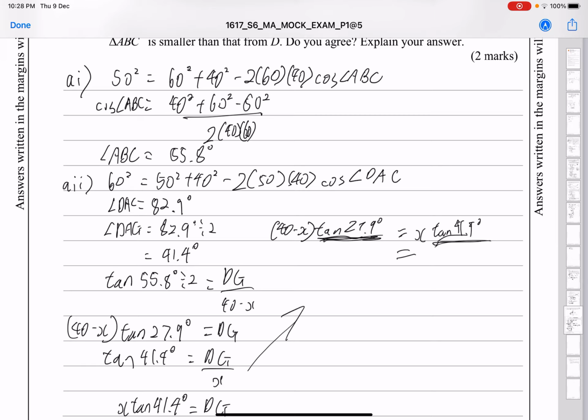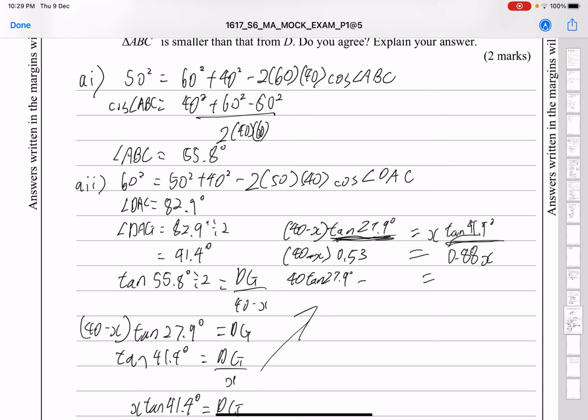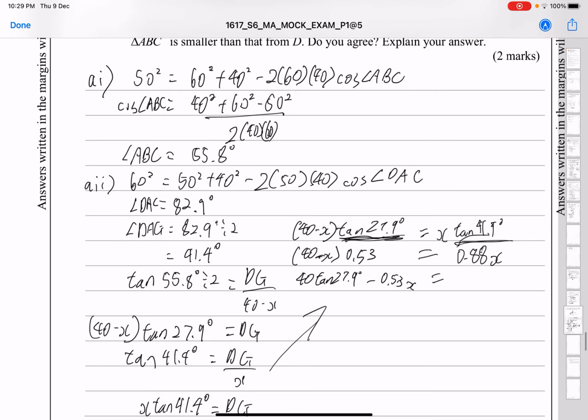Okay, so 40 times tangent 27.9 degree minus 0.53 x 0.88x, 1.41x is equals to 40 times tangent 27.9.